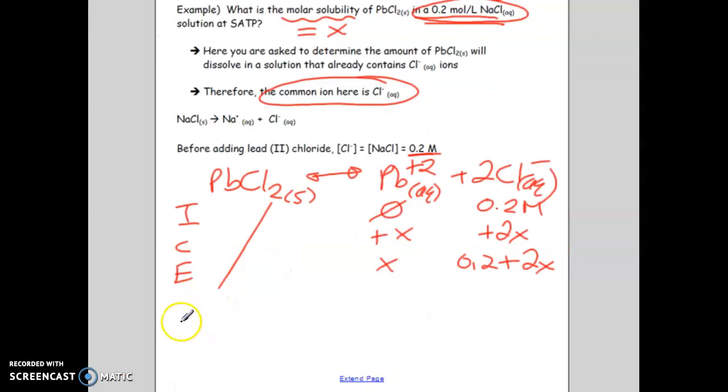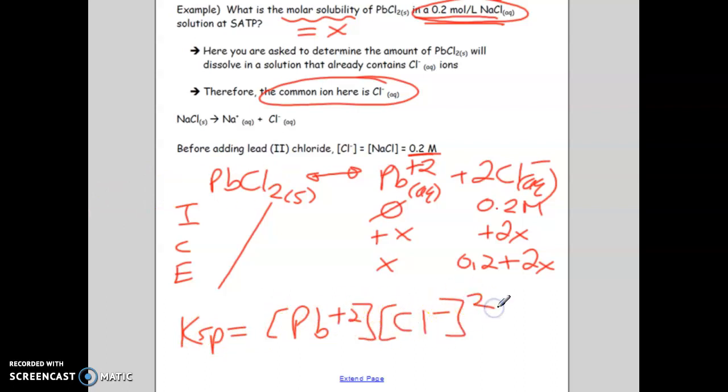So when we're setting up our K expression, our Ksp is going to be lead and then chloride squared. We have to keep in mind we're going to add this whole expression into this equilibrium concentration. Now, in this case, the Ksp is not given.